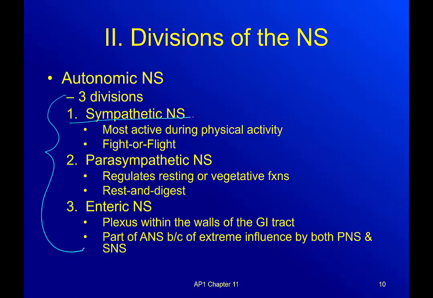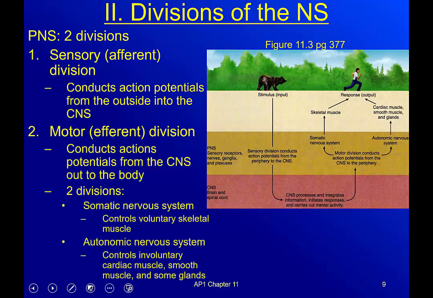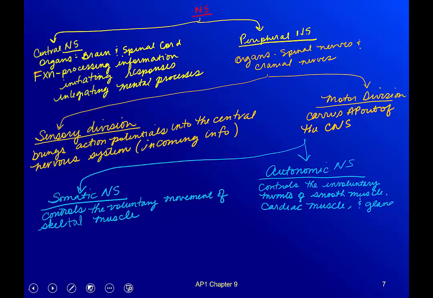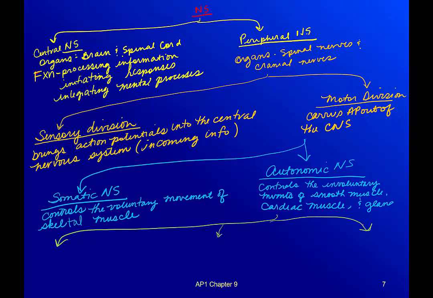We've got the sympathetic, the parasympathetic, and the enteric nervous systems.